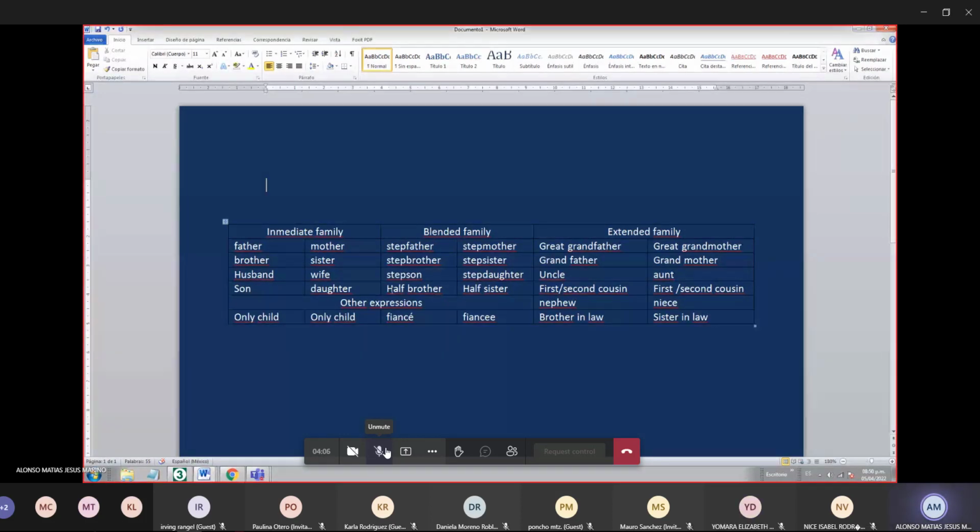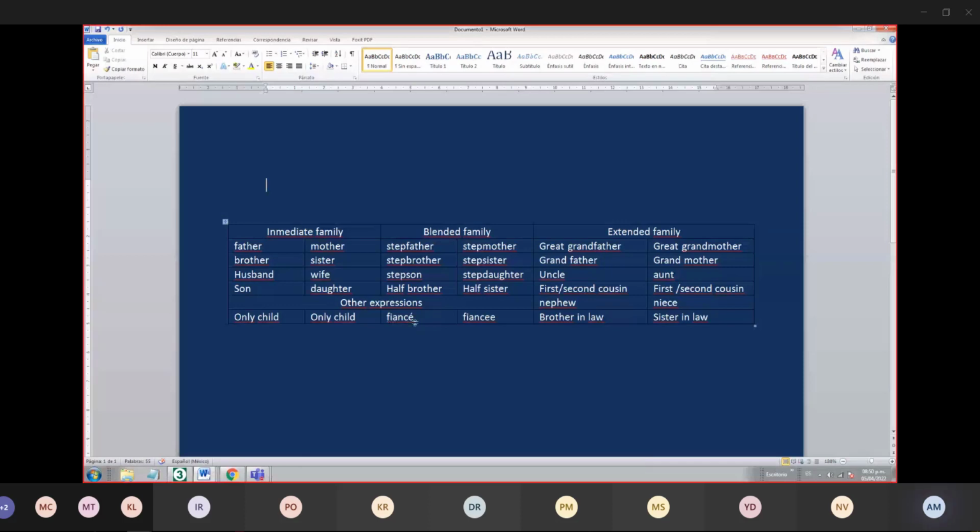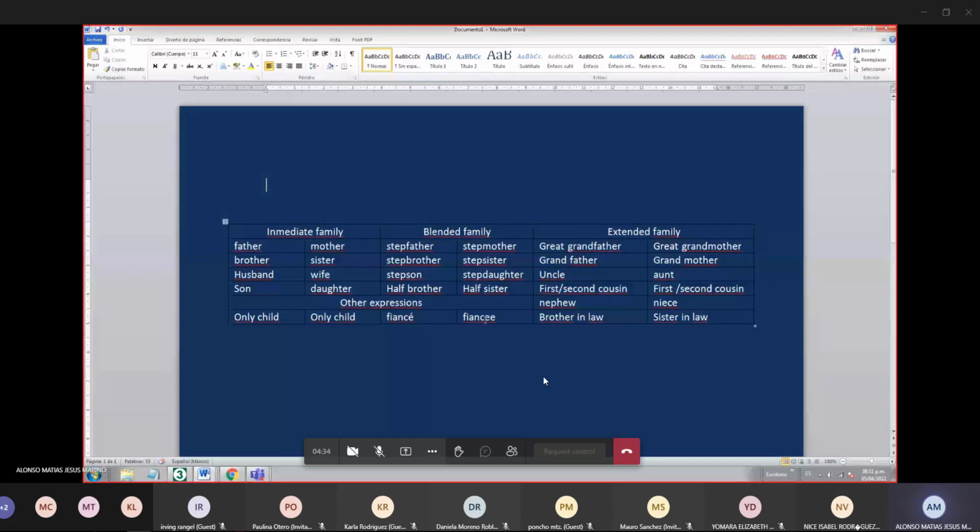We also have the half brother and the half sister. And then we have the fiancé and the fiancée.